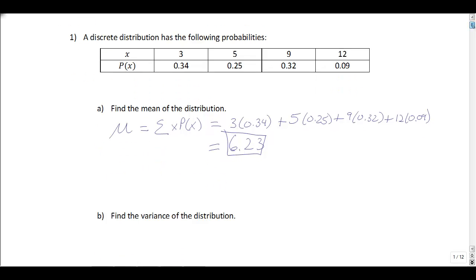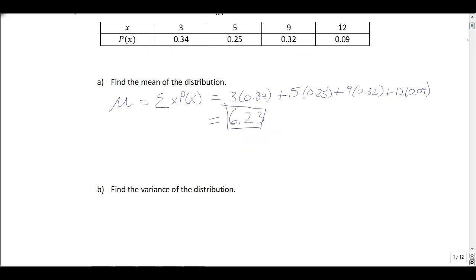Okay, next bit, we want to find the variance of the distribution. So the variance, that's sigma squared. The formula is I add up x minus mu squared times the probability of x. So if you use the 6.23 from part A, for 3, I get 3 minus 6.23 squared times the probability of getting a 3, that's 0.34.